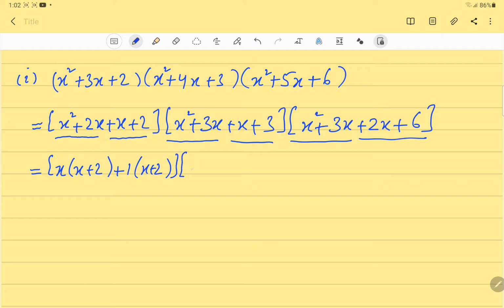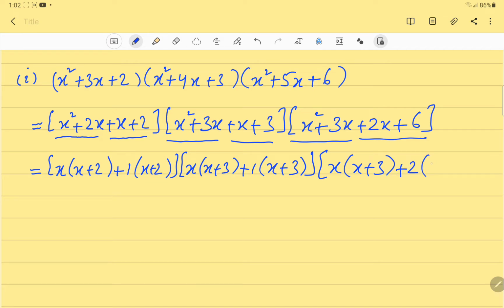Then we go to the second bracket. In the first two terms we have x common. In the second two, 1 is common. Then we go to the third one. In the first two, x is common. And in the second two terms, 2 is common.